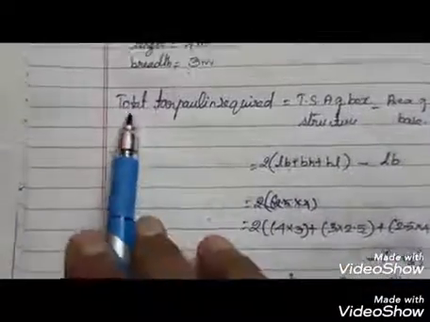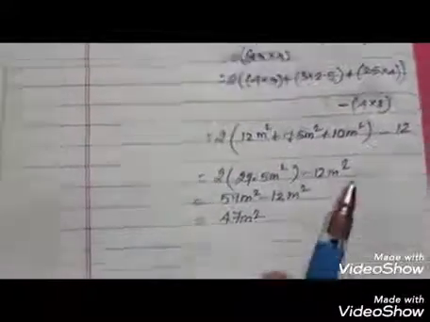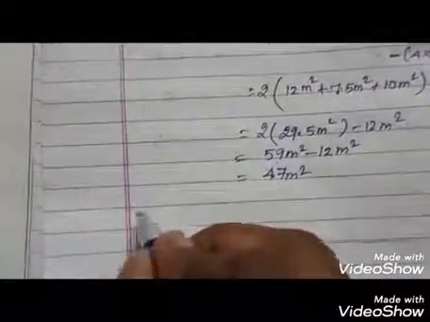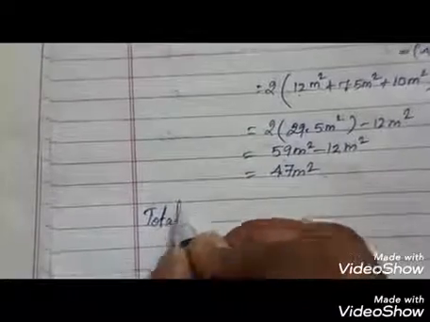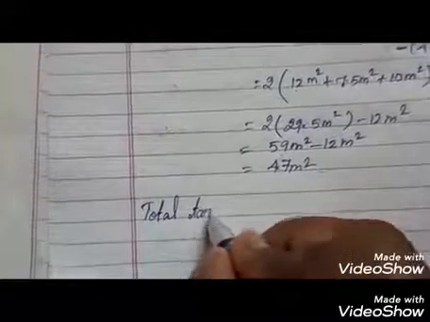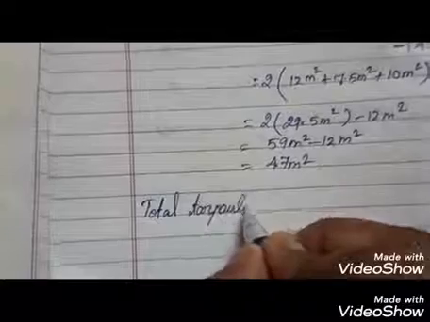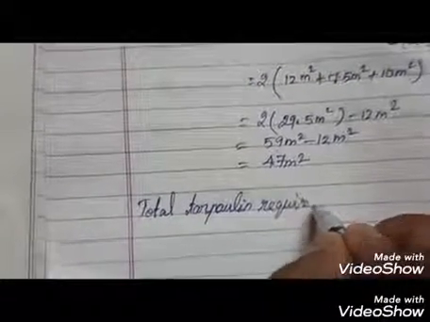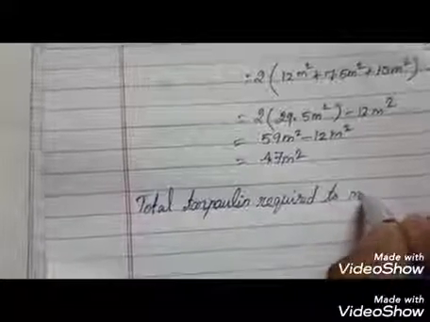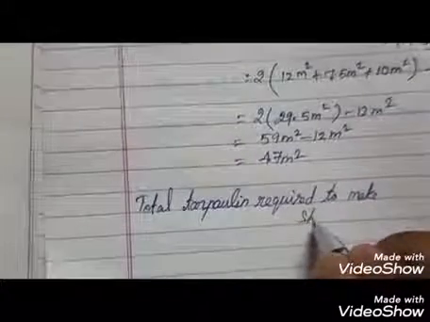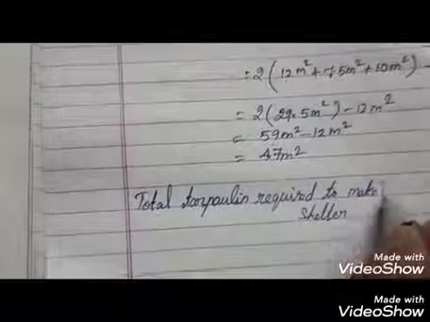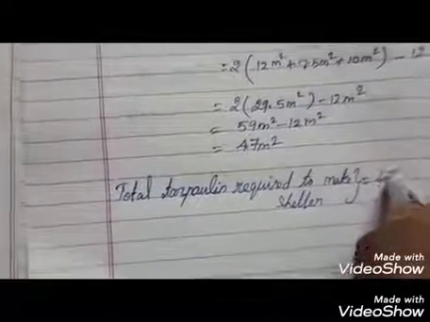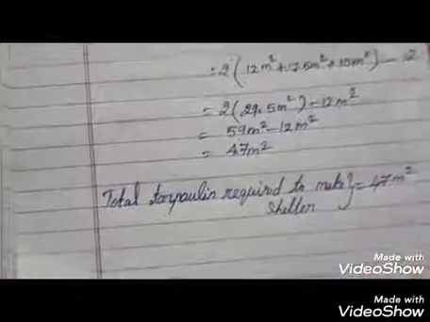So total tarpaulin required to make the shelter is equal to 47 meter square.